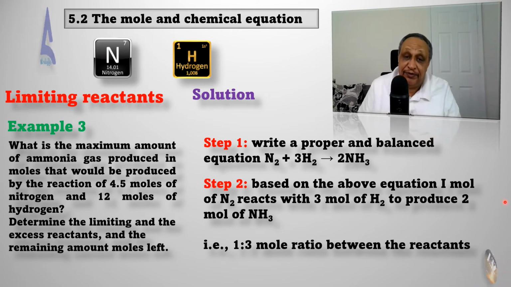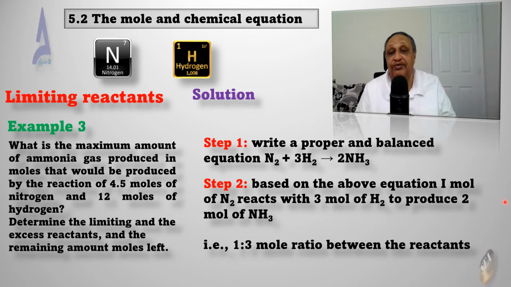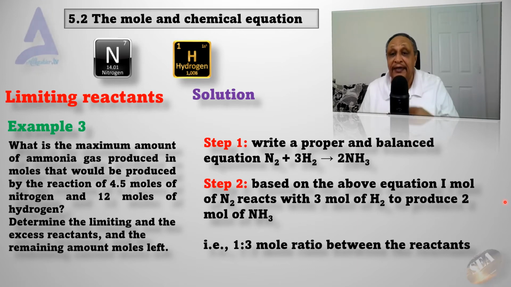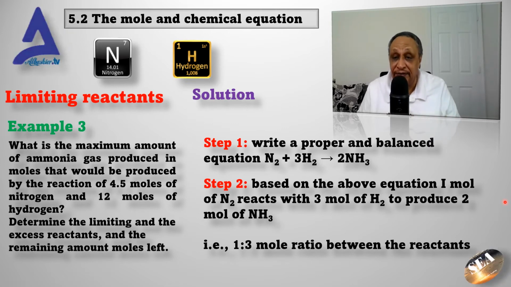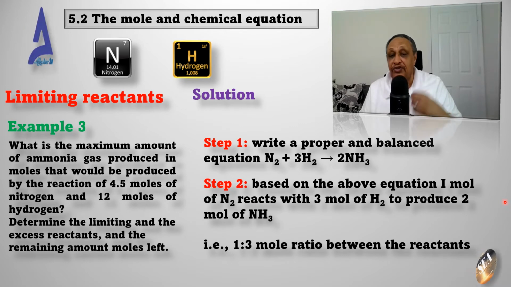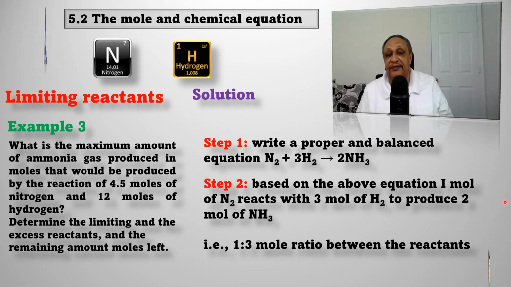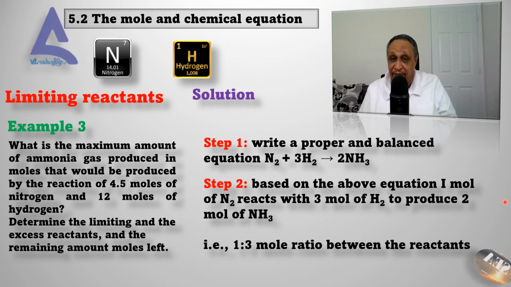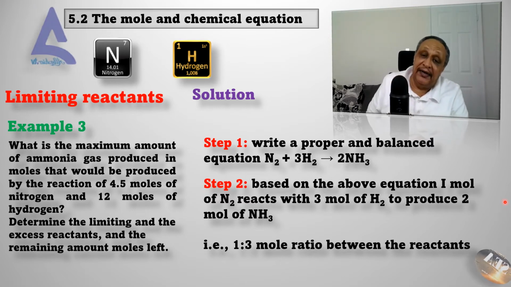And in step 2, based on this information, you need 1 mole of nitrogen and 3 moles of hydrogen to produce 2 moles of ammonia gas, which is important.